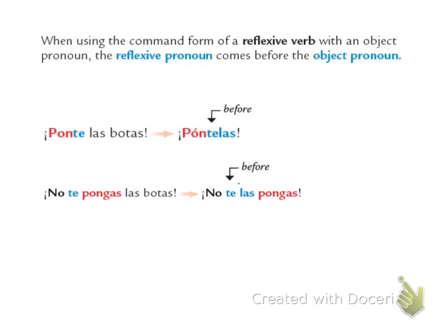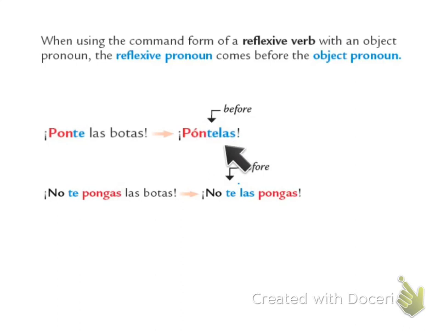So here you have a positive tú command with ponte. We're telling you, because that's a positive tú command, you put on. Ponerse is my original infinitive. And I say you put on the boots, so put them on. Pon is my command. Te is my reflexive. And las is my direct.